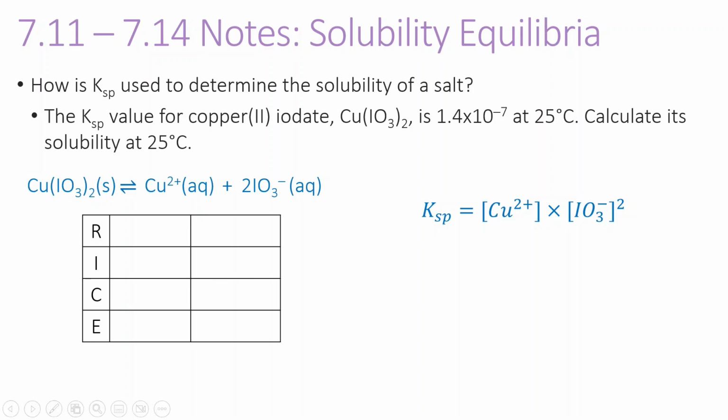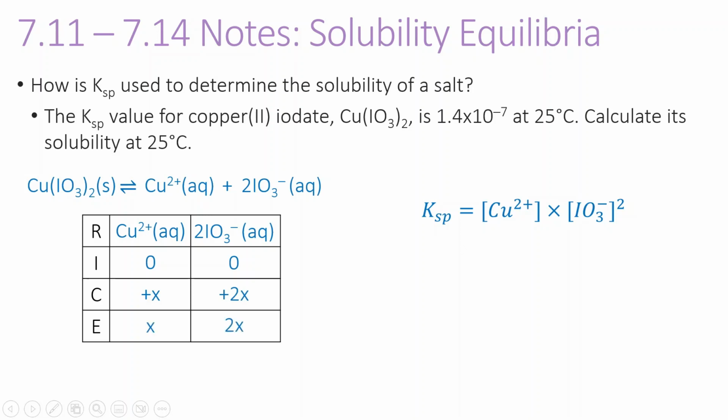Initially, we're only going to include the copper and the iodate because those are the only things that appear in my KSP expression. Now initially, we don't have any of those ions present when we first put the solid into the water. So we know that there's going to be some change. We're going to gain some amount of copper ion and twice that amount of iodate ion.